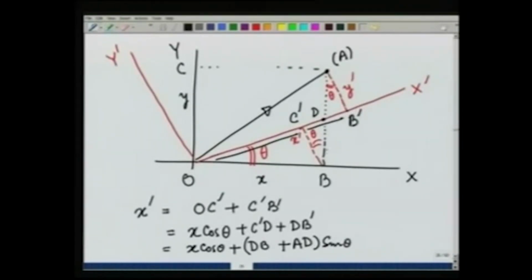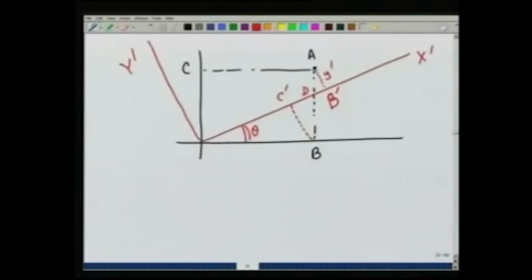Now, you see D B plus A D is nothing but y. So, I can write this as x cosine of theta plus y sine of theta. And what I have shown you in the previous page is that x prime is x cosine of theta plus y sine of theta.